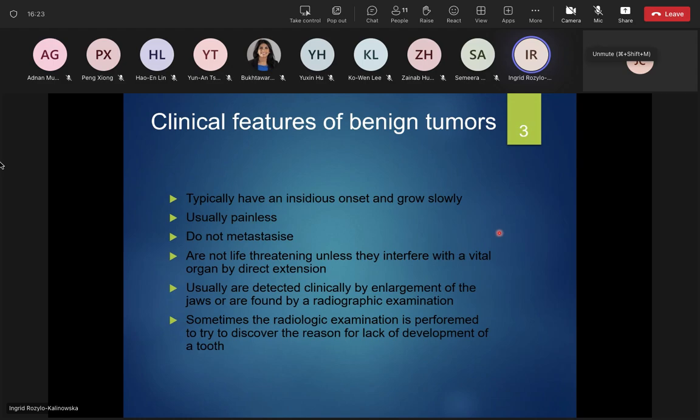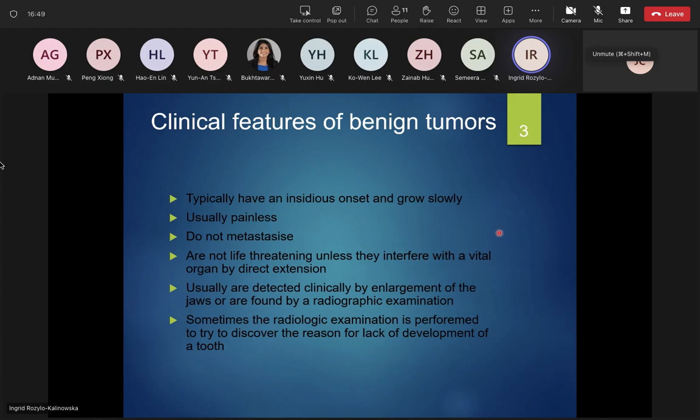But in general, a benign tumor itself should not kill you. And they are usually detected clinically, but of course, diagnostic imaging is mandatory to assess the extent of the tumor and to plan the treatment.